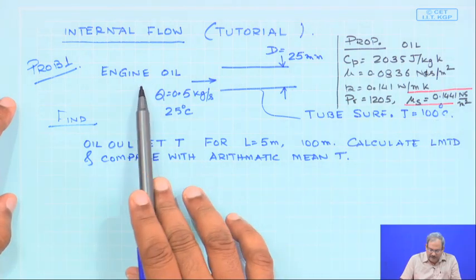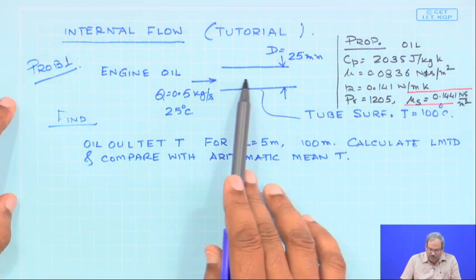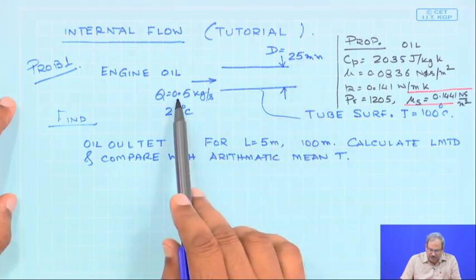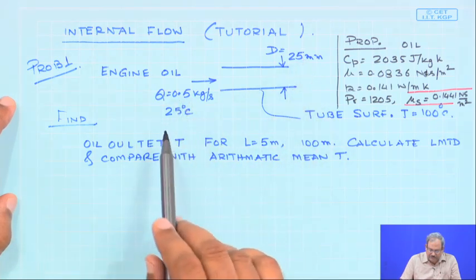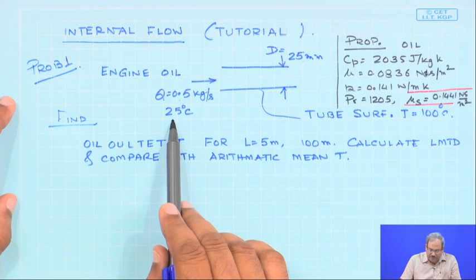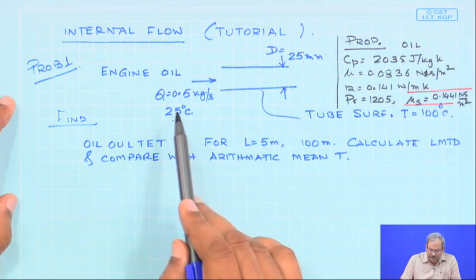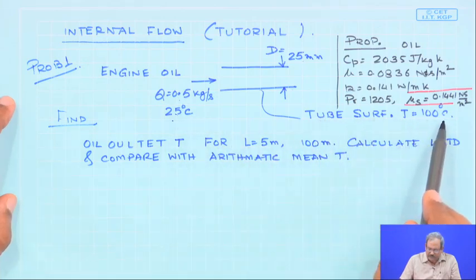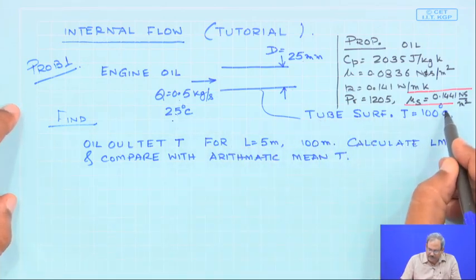So, once again, engine oil flows through a tube of diameter 25 millimeter at a rate of 0.5 kg per second, and the temperature at the point of entry for the engine oil is 25 degrees centigrade. The tube surface temperature is maintained at 100 degrees centigrade.